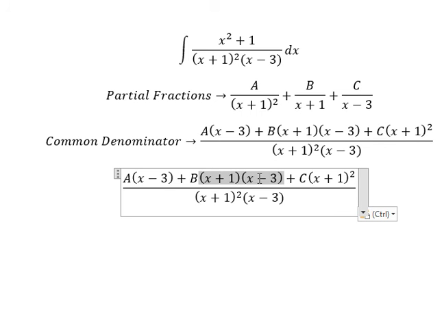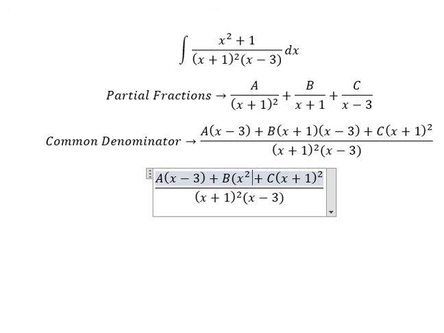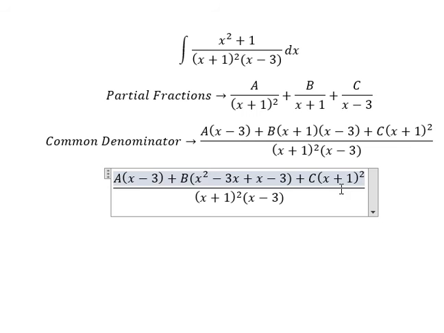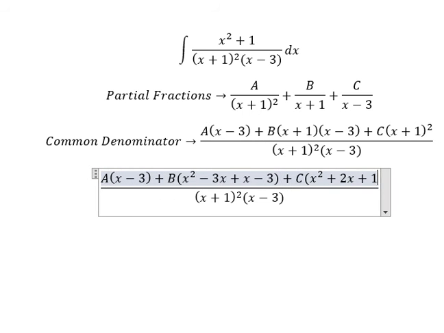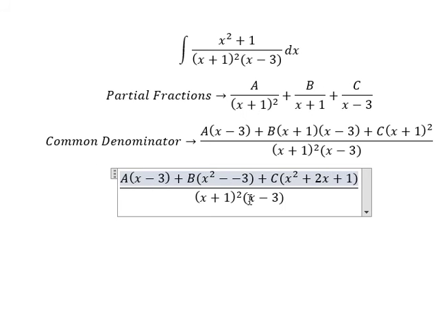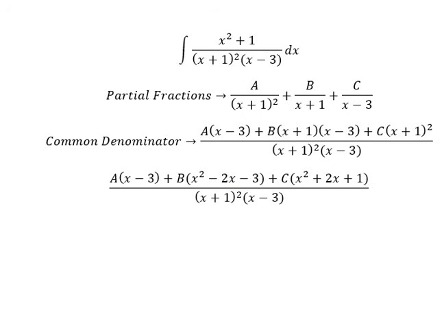Now we need to expand this one, and we need to expand this one. Negative 3x plus x, you get negative 2x. Next, we need to arrange based on the term of x.